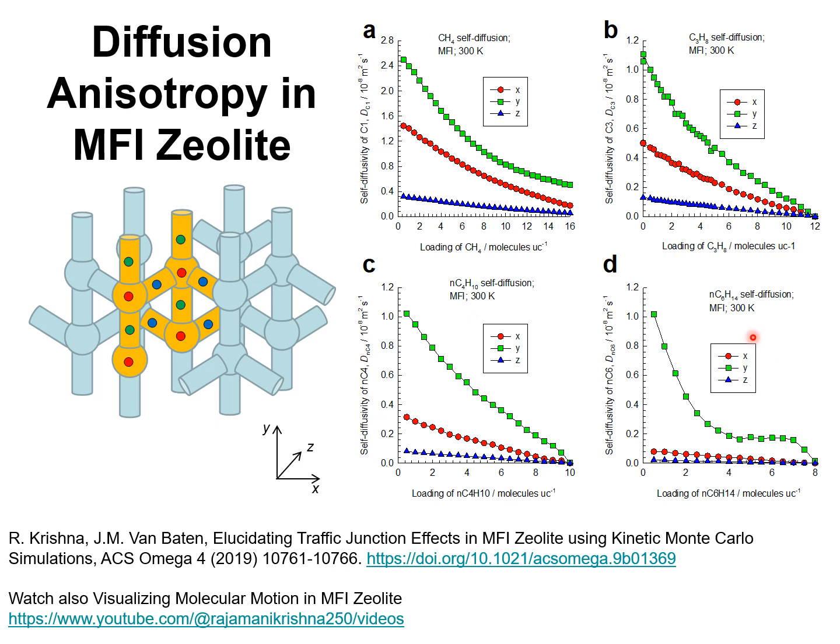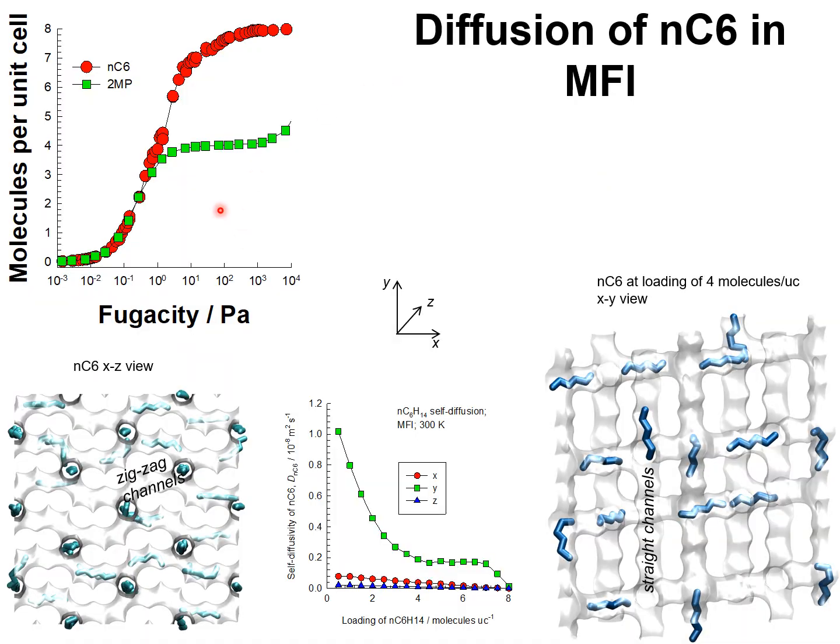Let's first examine normal hexane, and see why the diffusivity reduces to 0 at 8, and also why the diffusivity in the Y direction is so much higher than the diffusivity in the X and Z direction. Here I show the adsorption isotherms for normal hexane and its isomer 2-methylpentane.